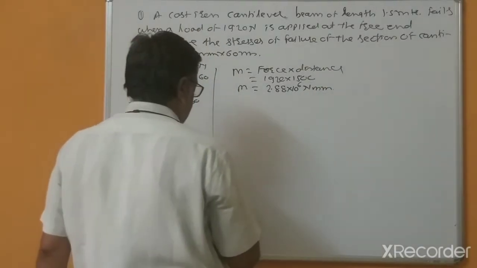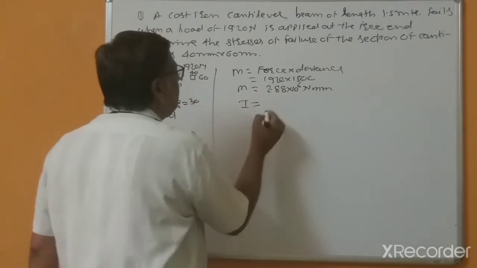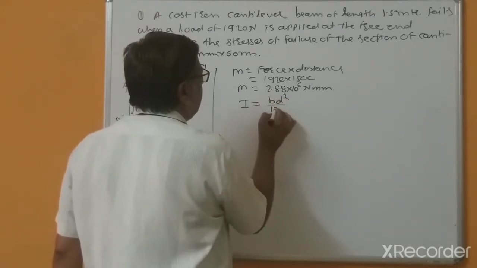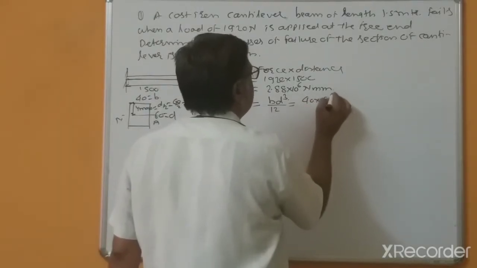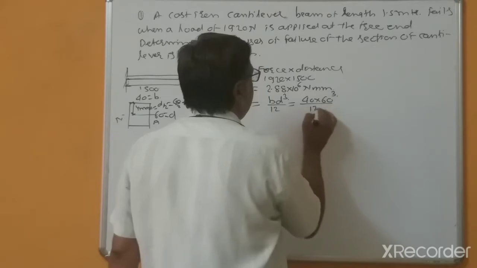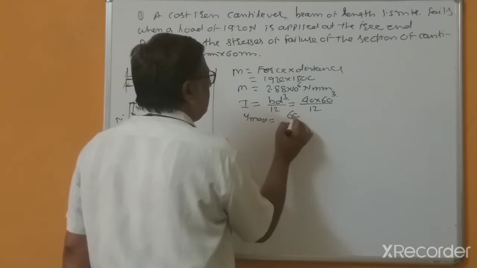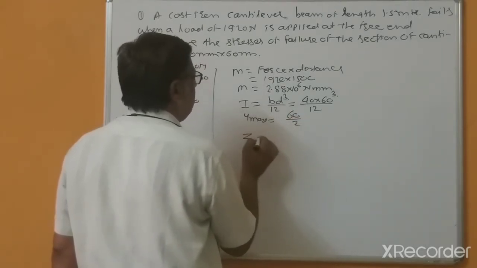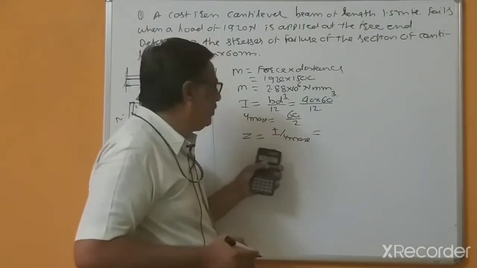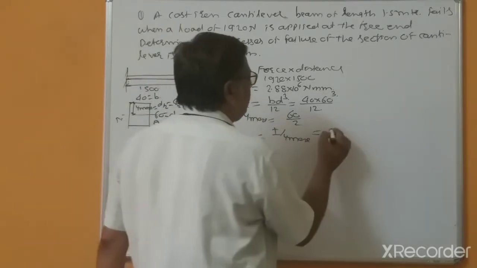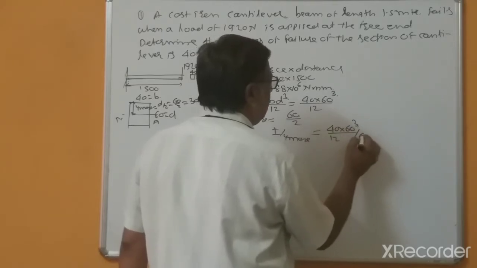Right? Now as you know, the moment of inertia equals BD cube divided by 12, with B equal to 40 and D equal to 60, and Y max equal to 60 divided by 2. The section modulus equals I divided by Y max, so 40 into 60 cubed divided by 12, divided by 60 divided by 2.